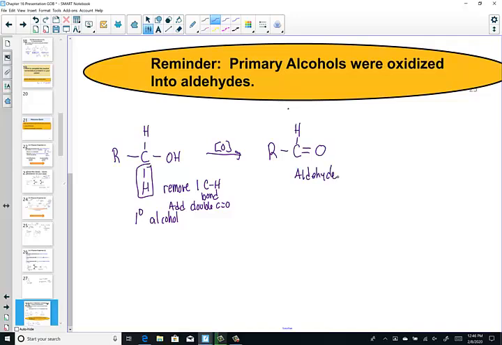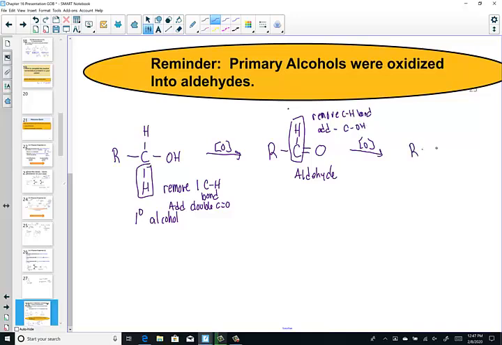Now, all we're being reminded of in this new chapter is that if we start with an aldehyde, it also has a hydrogen. So see what happens here? We remove the CH bond and add back the C-OH bond.